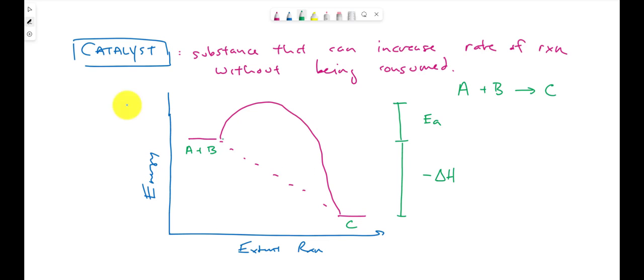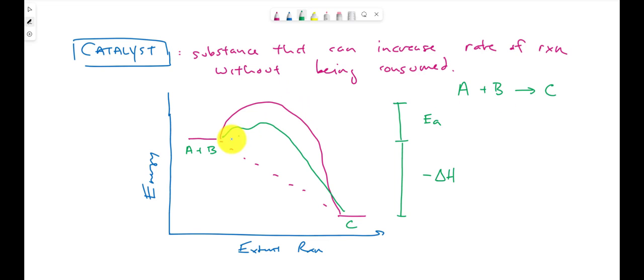The other way to do that is with a catalyst. The function of a catalyst is actually not to decrease this activation energy. It doesn't change that. That's an intrinsic property. But what it can do is create an alternative route between the reactants and the product.